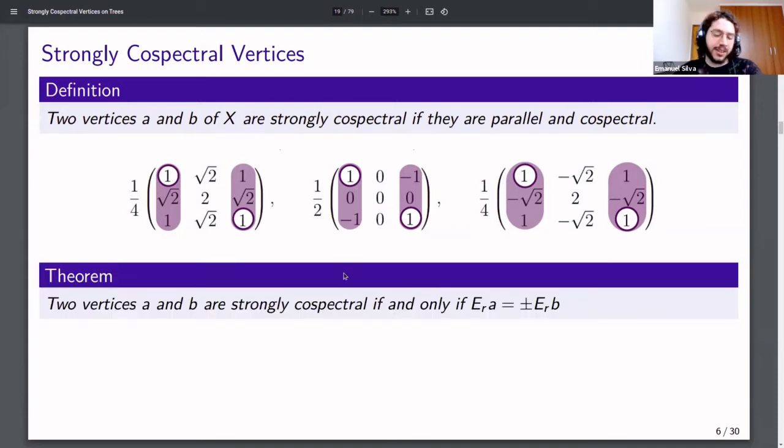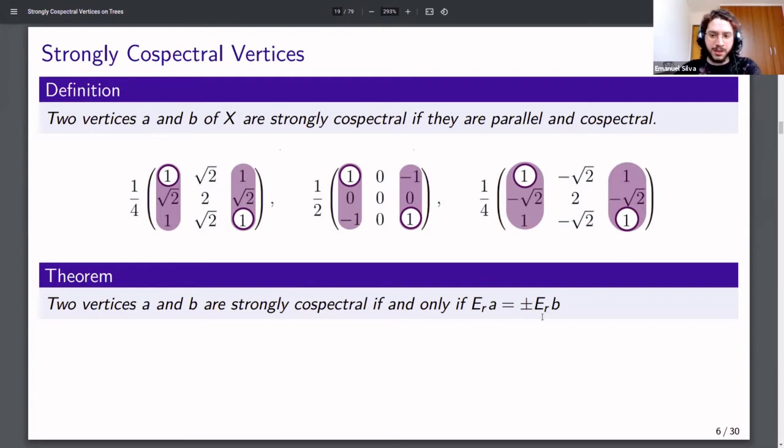And again, the theorem related to the definition is that two vertices a and b are strongly cospectral if and only if the a-th column of each idempotent is equal to plus or minus the b-th column of the same idempotent. Of course, from this definition, we can see at least one of the directions here.